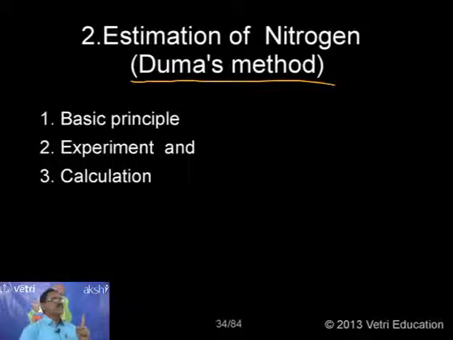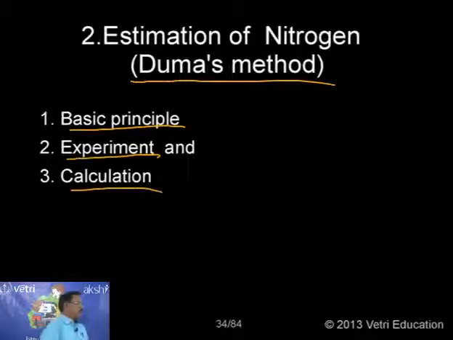The first one is Kjeldahl's method, the second one is the Dumas method. Again as usual, the basic principle involved, experiment and calculation. What is the basic principle? We have to take W gram of organic substance. Then the most important thing here is that we use a Liebig combustion tube.